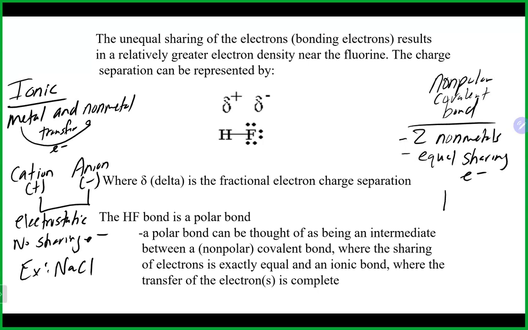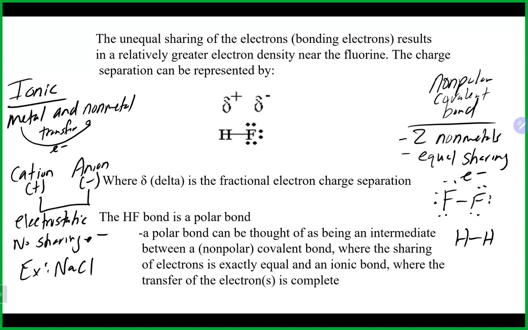And again, a result of that is something like F2 or H2 that we saw earlier as well. Again, we're going to get this nice, perfect, equal sharing of electrons, in a sense, going to not create any positive side or negative side to that bond, and that is what is known as a nonpolar bond.